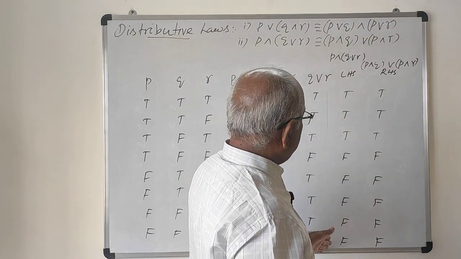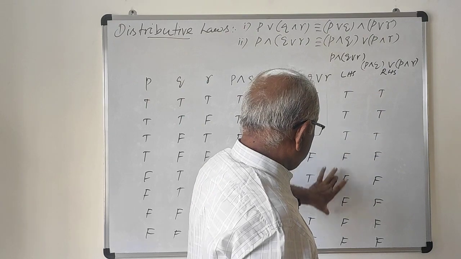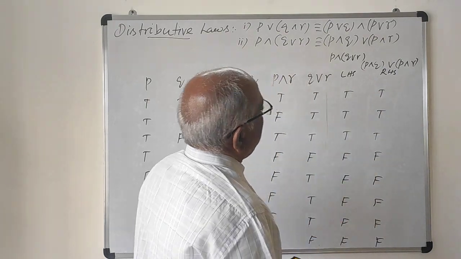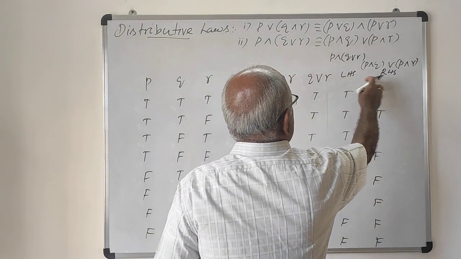The left hand side has 3 T's and the rest are F. So LHS equals RHS.